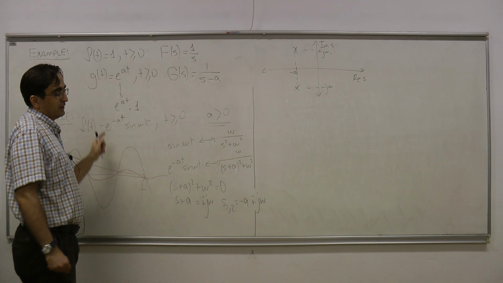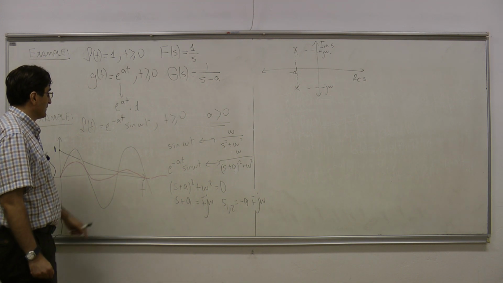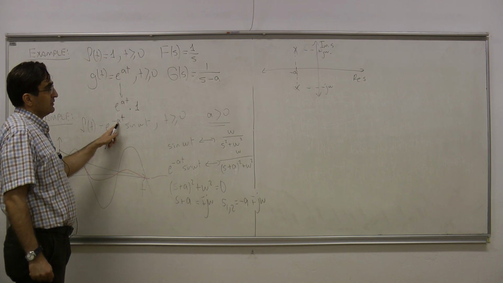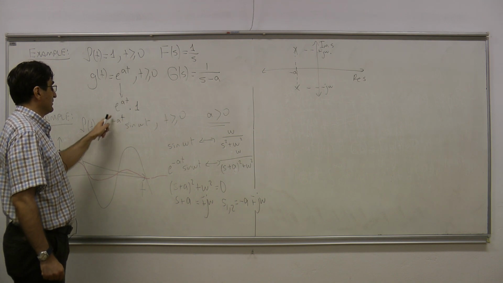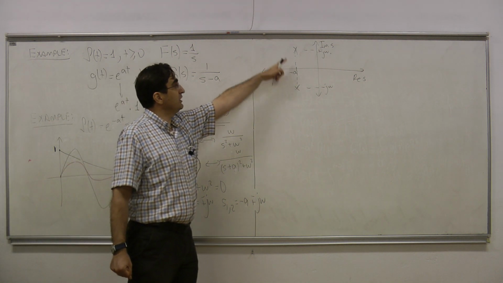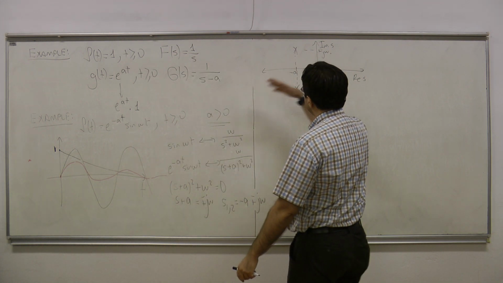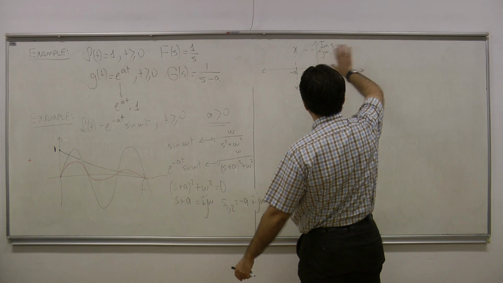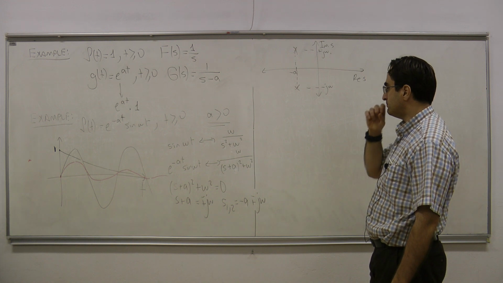Therefore, this part is causing this red function to go to 0. If a is positive, then I would have a negative number here, and that negative number becomes the real part of the poles. In the left half plane, real parts of the poles are always negative. In the right half plane, the real parts of the poles are always positive.